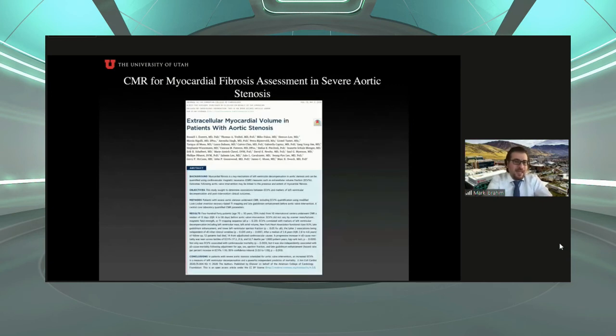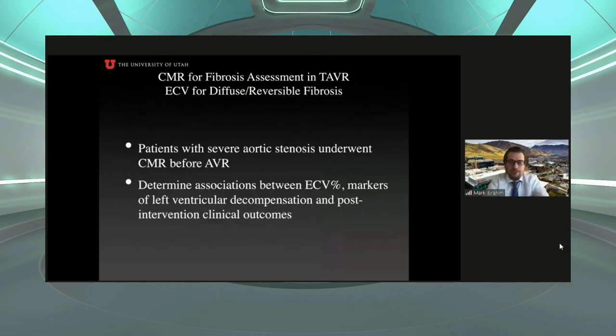you may improve outcome. And this has been studied in a multi-center study involving 400 patients with severe aortic stenosis across 10 centers in Europe, America, and Asia. They looked into this parameter called extracellular myocardial volume, ECV, in patients with severe aortic stenosis.